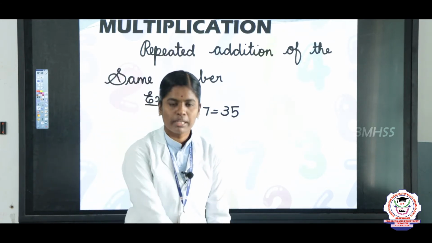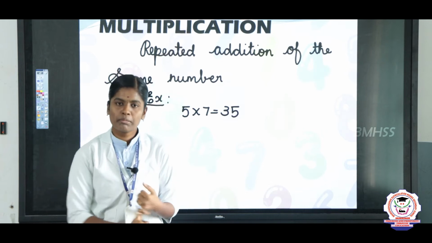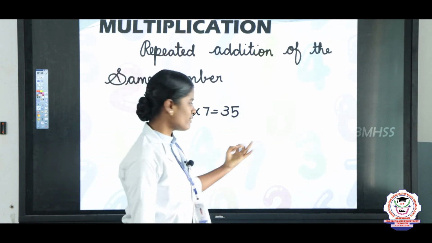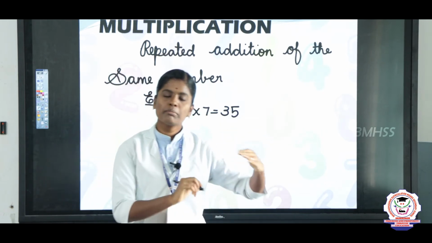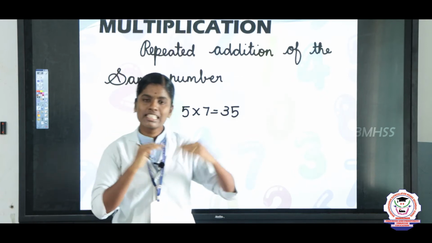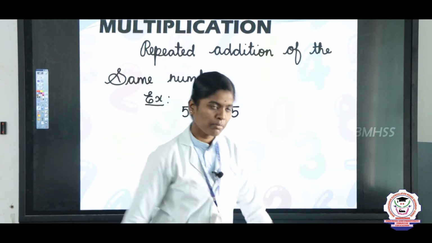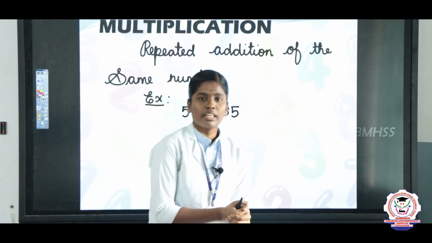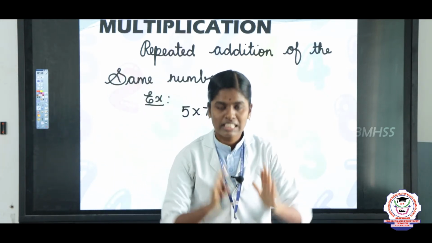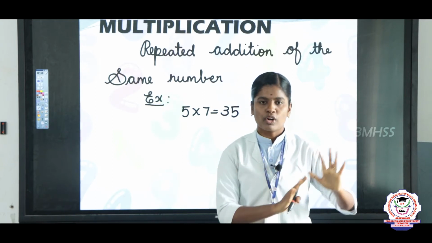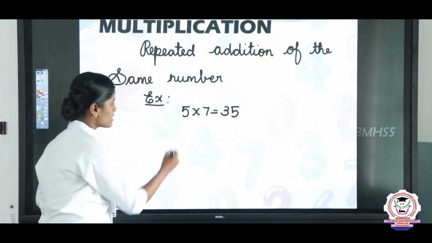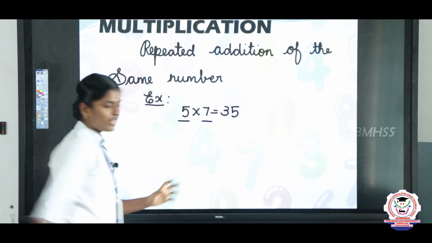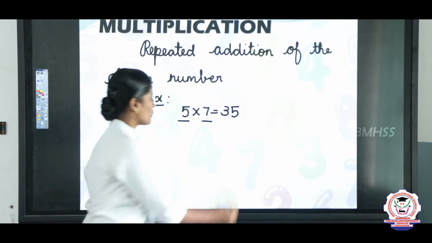The number to be multiplied is called the multiplicand, and 7 is called the multiplier. The multiplier means the number of times the thing gets multiplied. And 35 is called the product. Product means the final answer. So this is the multiplicand, multiplier and 35 is called the product.